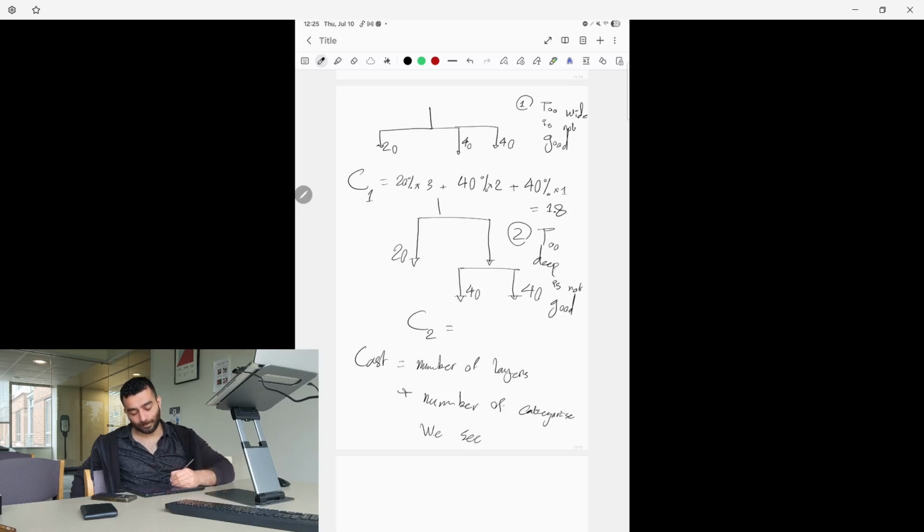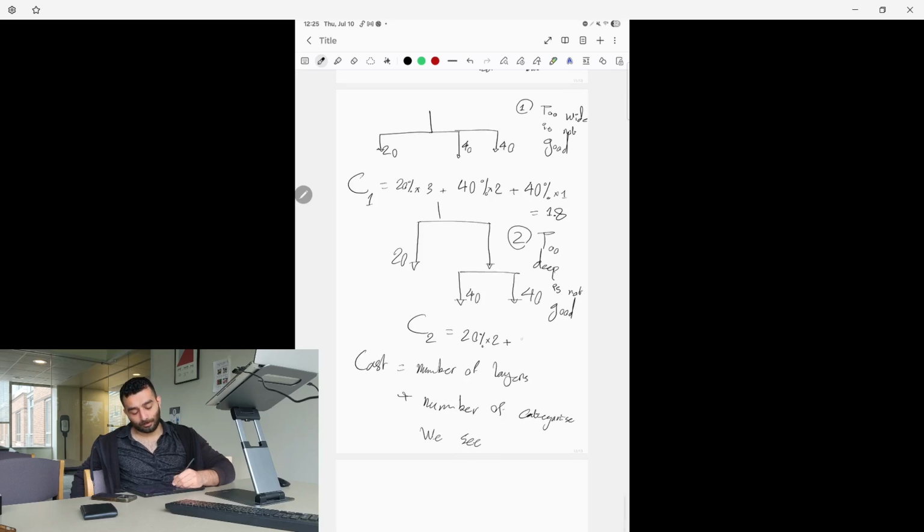Here the cost will be, okay, that's more interesting now. 20% times 2 plus 40%, right? 40% are going 2 layers, or we can say 1 plus 2 is the position, plus 40% 1 plus 1, right?